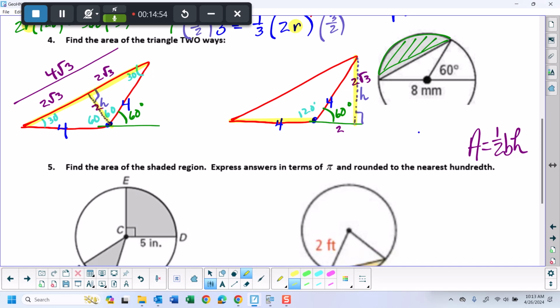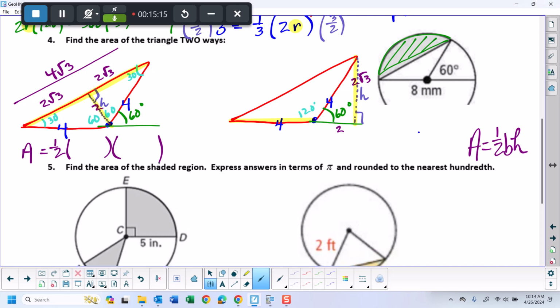So when I go to do my calculations for this one over here, I know that my area is equal to 1/2 of my height times my base. Now I gotta figure out what my height is. If my green angle here is 60, then this angle here is a 120.